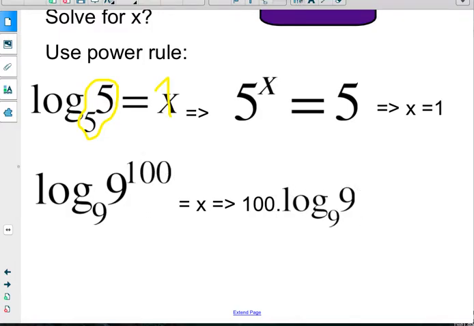See, simply the exponent here becomes a coefficient right there.